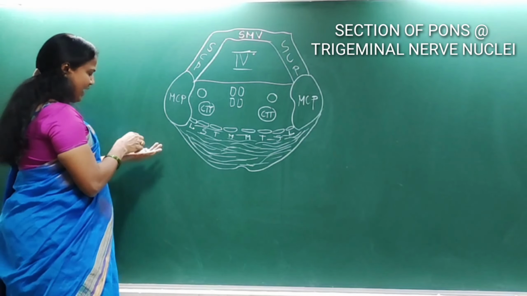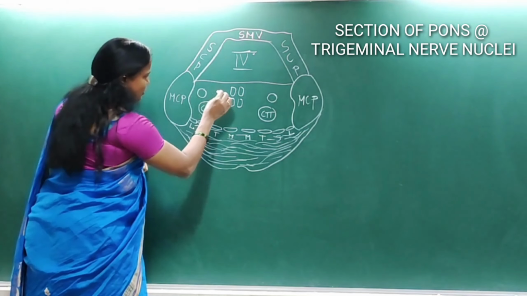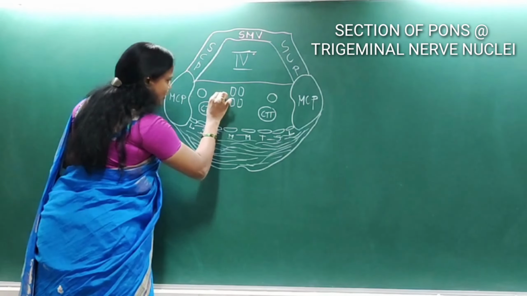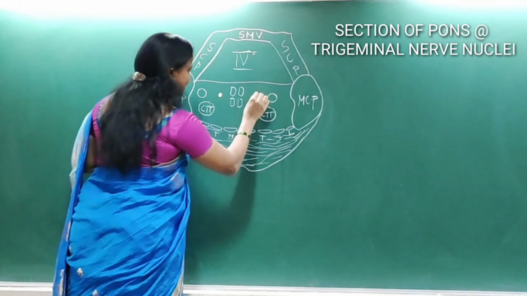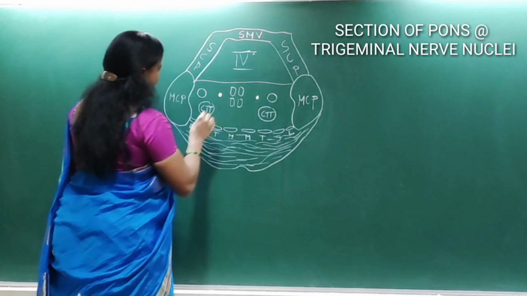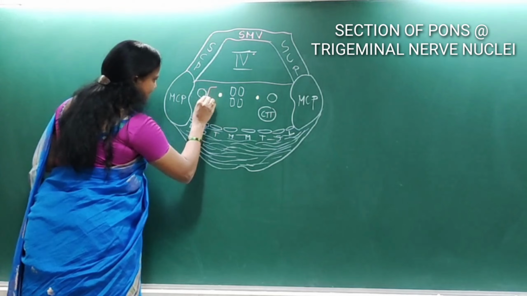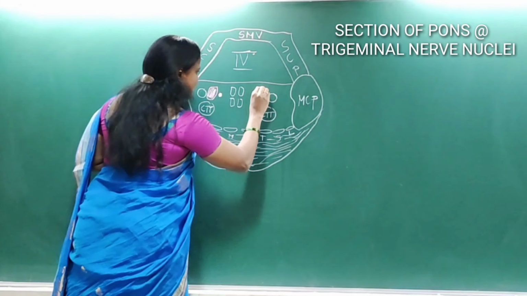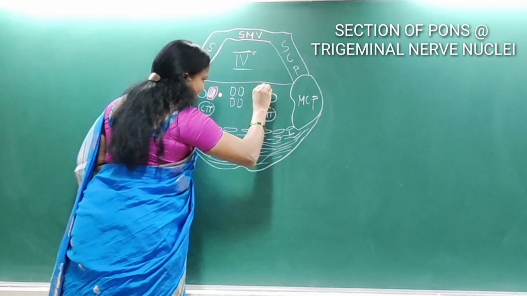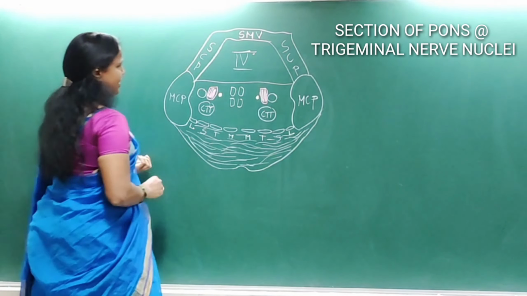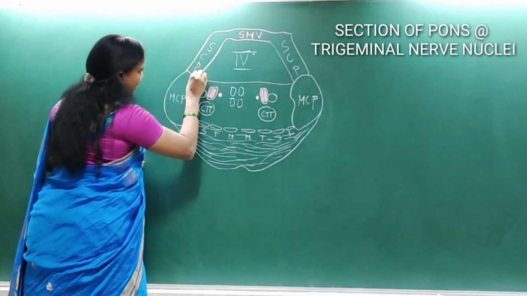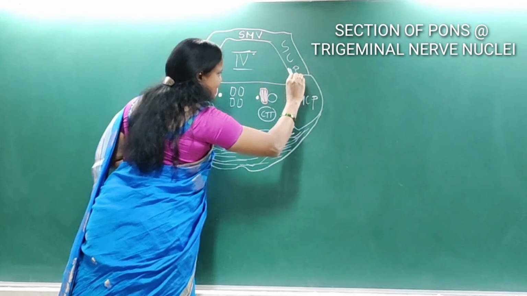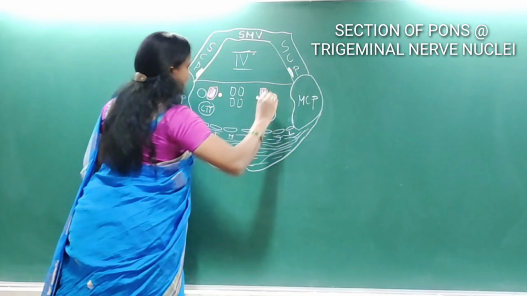So coming to the nuclei of the trigeminal nerve, at this level, medially is a small motor nucleus of the trigeminal nerve and a larger principal or main sensory nucleus of the trigeminal nerve, and in the upper part this is the mesencephalic nucleus of the trigeminal nerve.